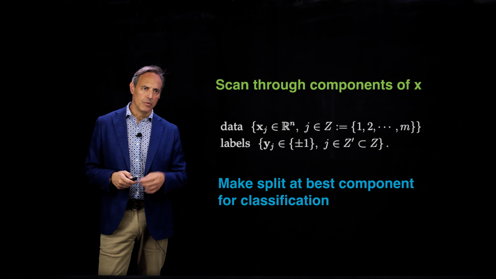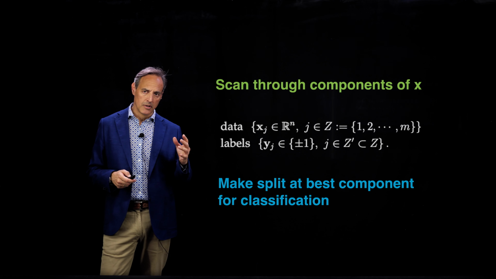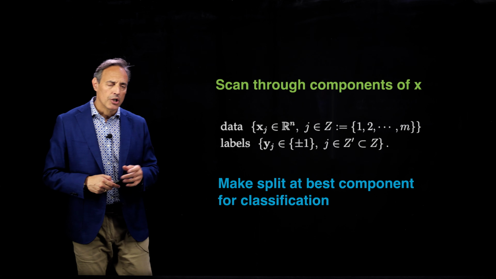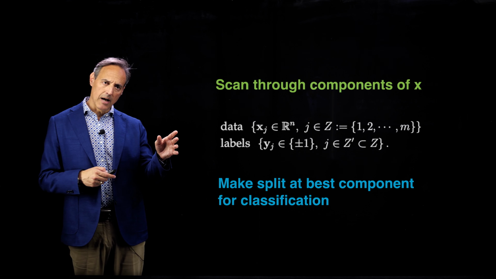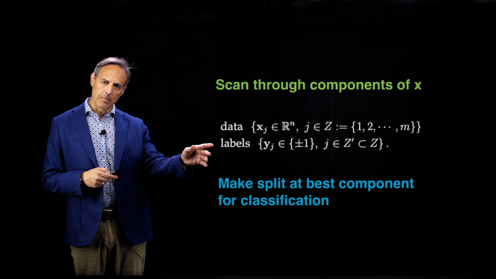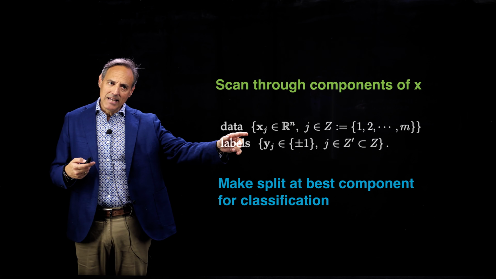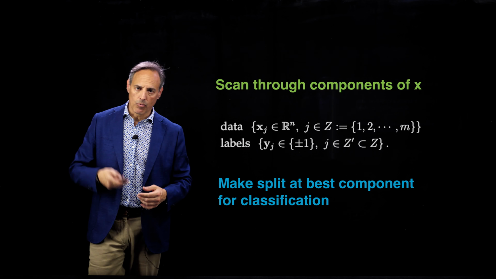So let's come back to the structure of the supervised learning task. First of all, the way we have this set up is that we have data and we have labels. The data itself are these x_j. It's an n-dimensional data array.